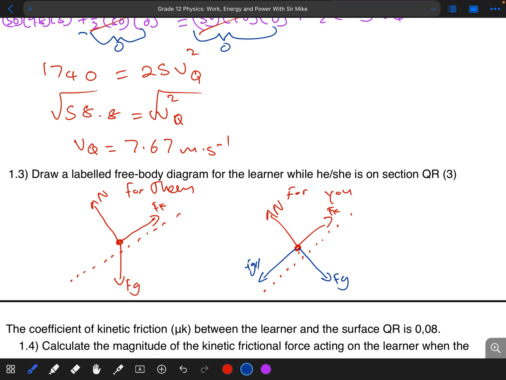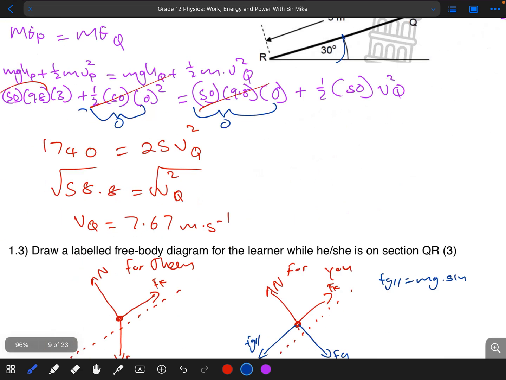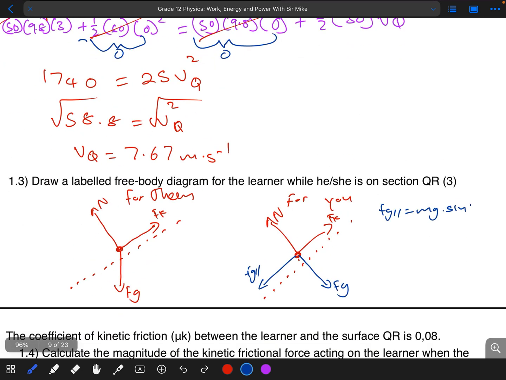Now remember, to calculate Fg parallel, we say mg multiplied by sine of the angle of inclination, which I'm simply going to call beta. To calculate Fg perpendicular, it's equal to mg multiplied by the cos of the angle of inclination, beta.